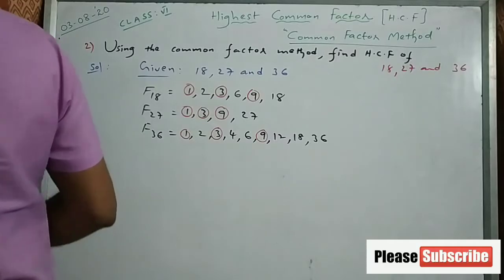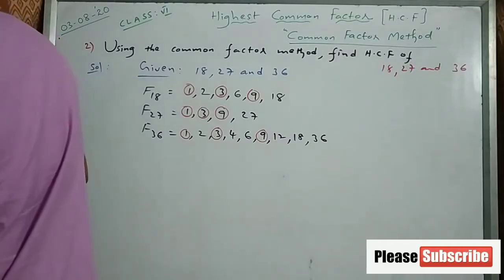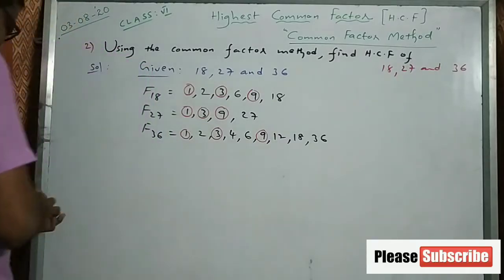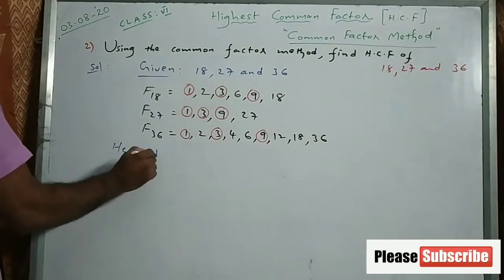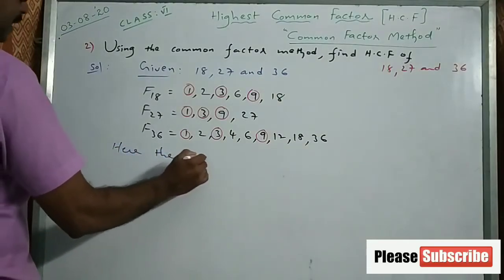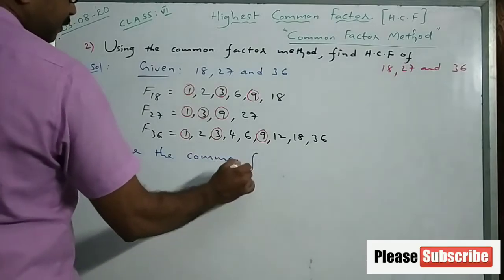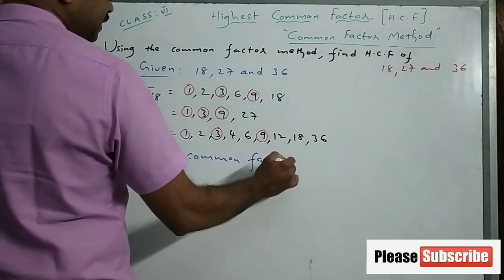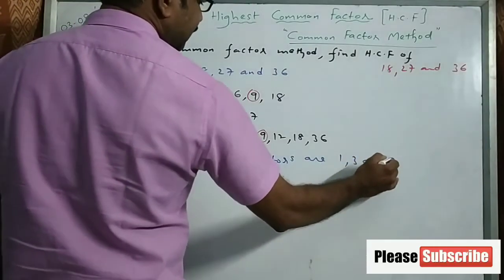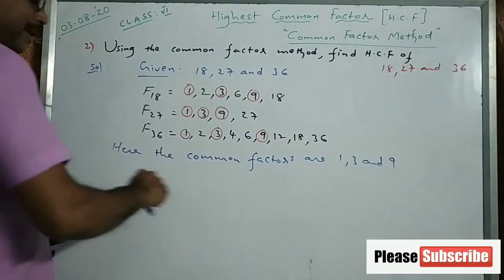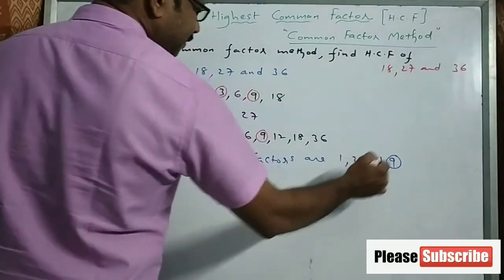What are the common factors now? 1, 3, 9. Here the common factors are 1, 3 and 9.